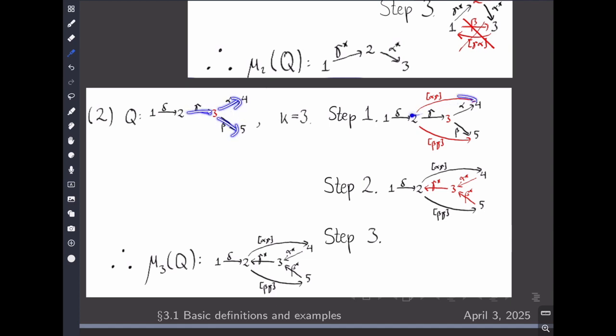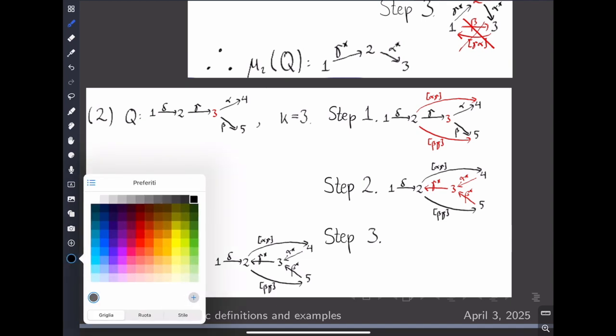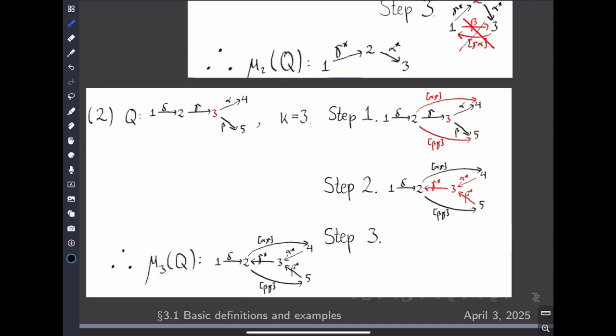So here you have the composite arrows. Next, reverse the arrows incident to the mutating vertex, which is 3. Now there are no 2-cycles, so in step 3, in this case, do nothing.